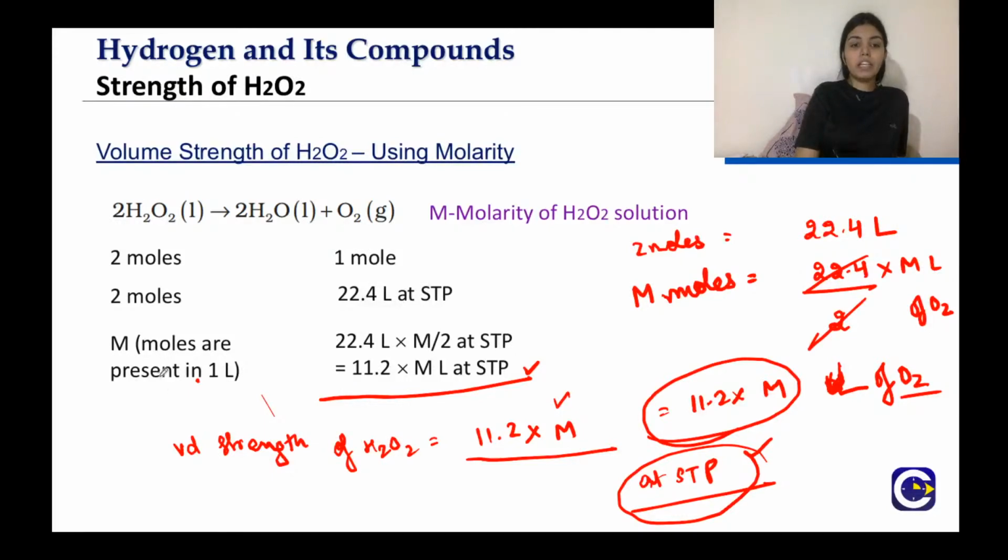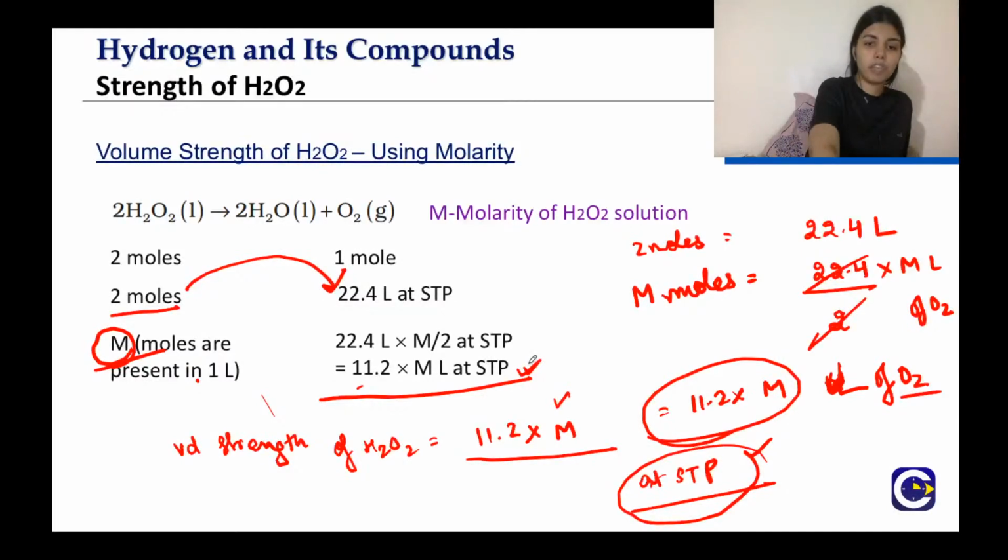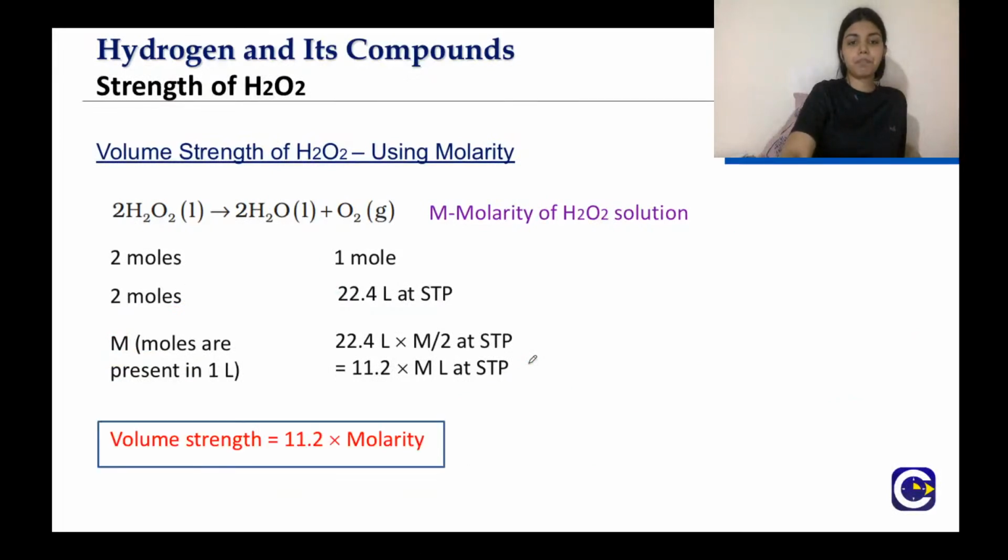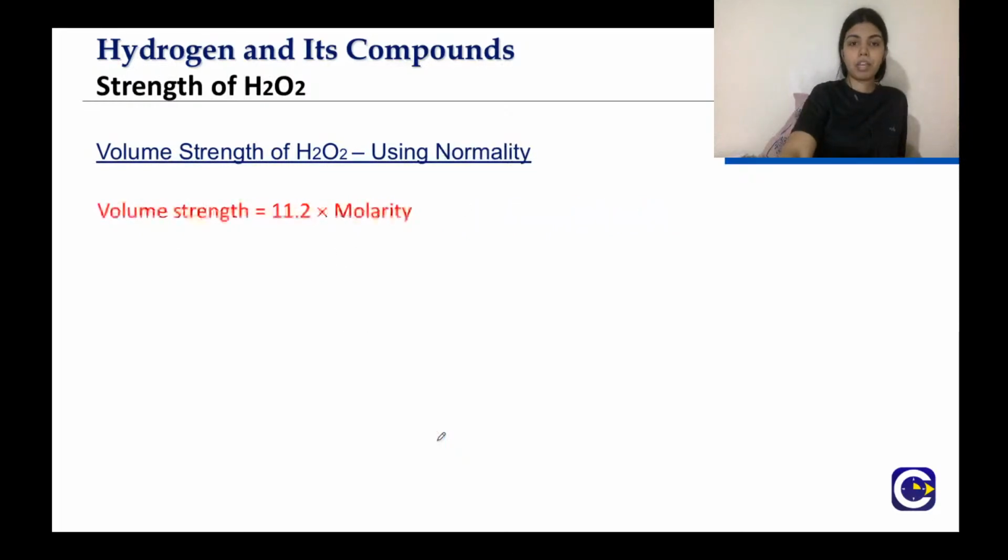So if 1 liter of peroxide solution is having M moles, then if 2 moles are giving 22.4 liter at STP, then M moles will give 11.2 into M liter at STP. So this will be the volume strength. Okay. This formula, final formula, you can remember that volume strength equals to 11.2 into molarity. Okay, this formula you have to remember finally.